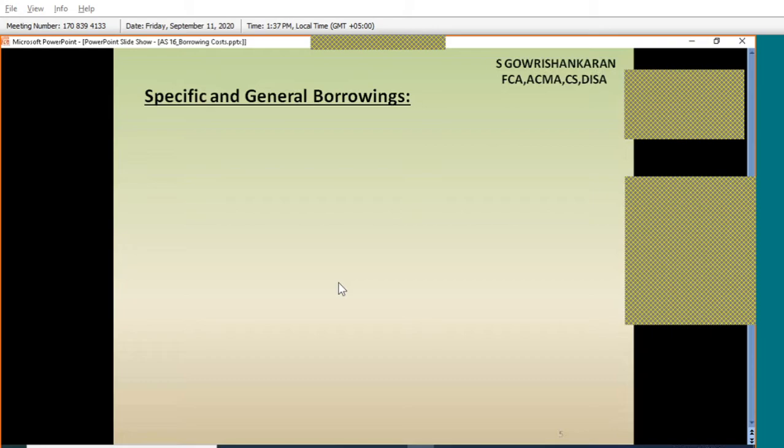That is specific borrowing, because I borrowed specifically for the purpose of constructing the mall, and I will not use this amount for any other purpose. What about general borrowing?